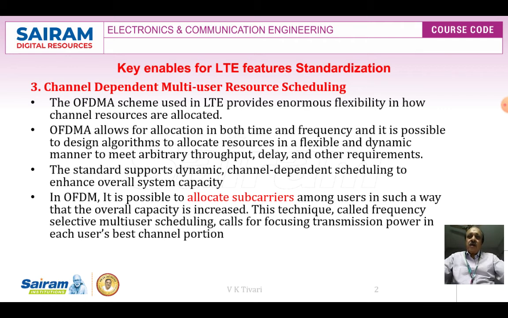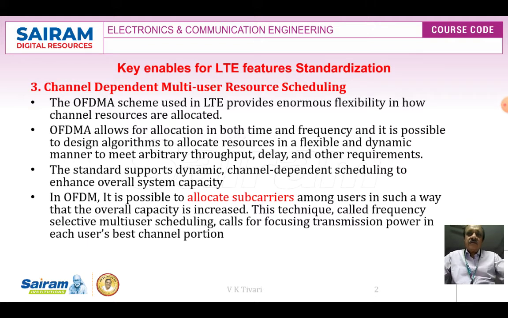OFDMA allows for allocation in both time and frequency, and it is possible to design algorithms to allocate resources in a flexible and dynamic manner to meet arbitrary throughput, delay, and other requirements. The standard supports dynamic channel dependent scheduling to enhance overall system capacity.